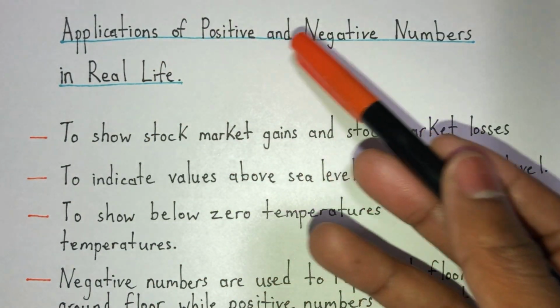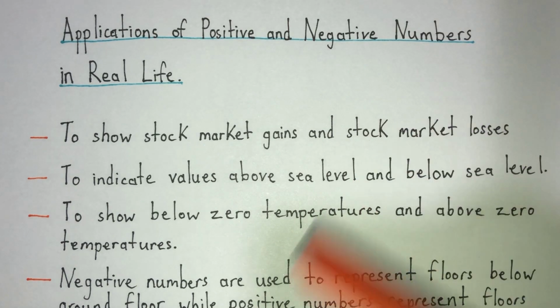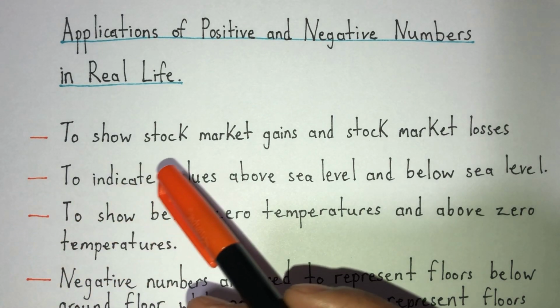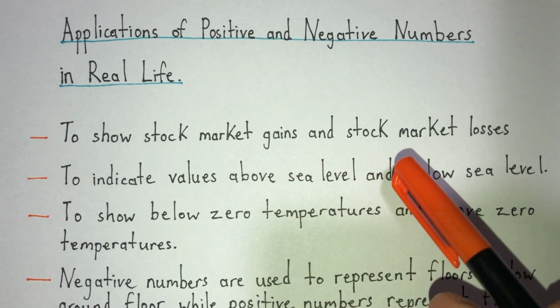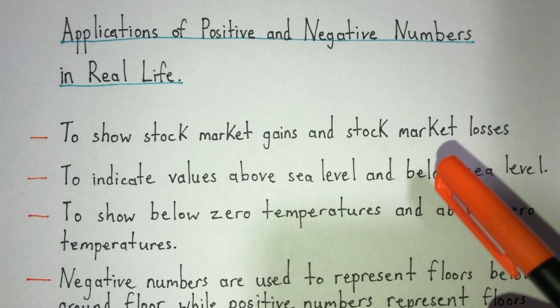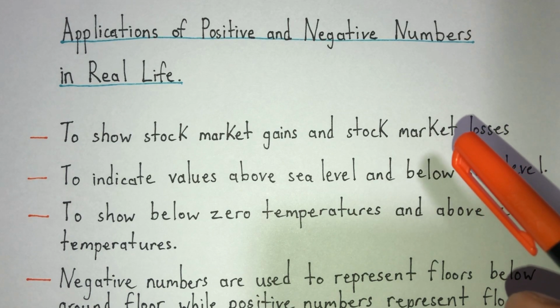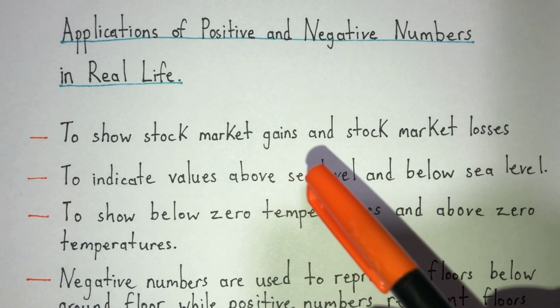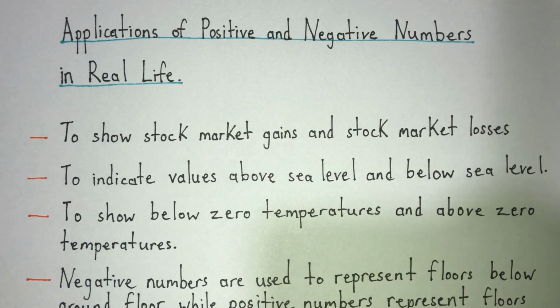Applications of positive and negative numbers in real life. Negative numbers and also positive numbers can be used to show stock market gains and stock market losses. A loss would be denoted by using a negative number, while a gain would be represented using a positive number.